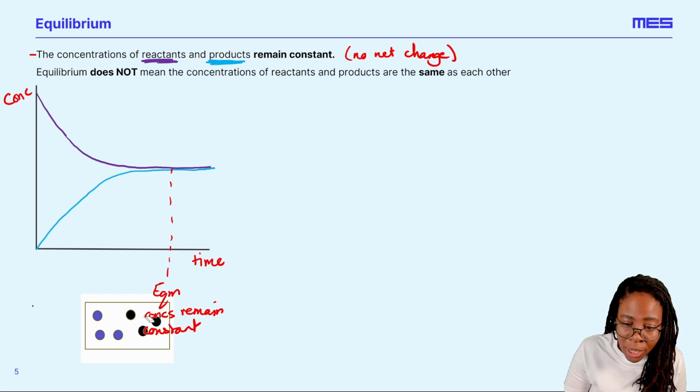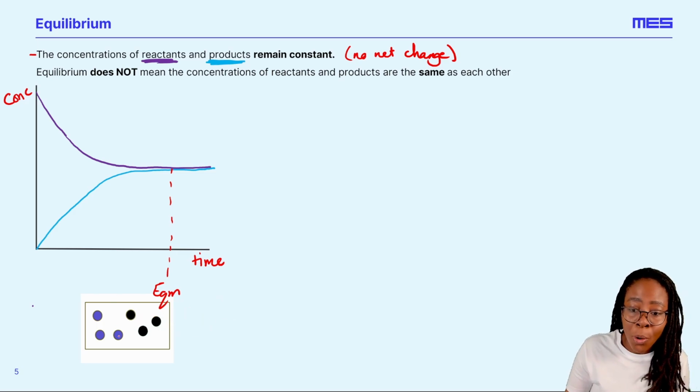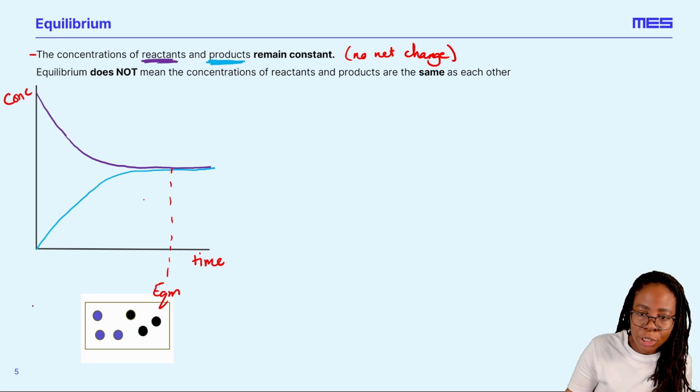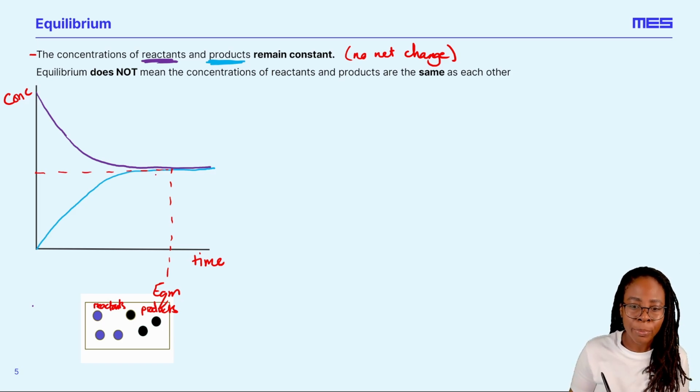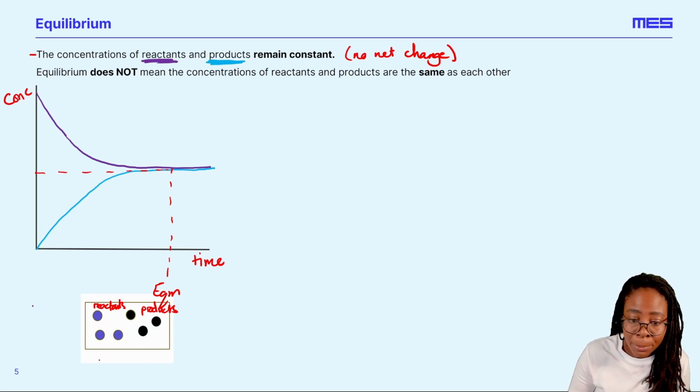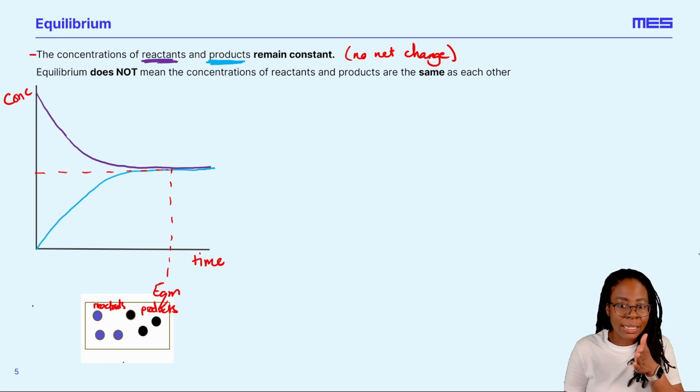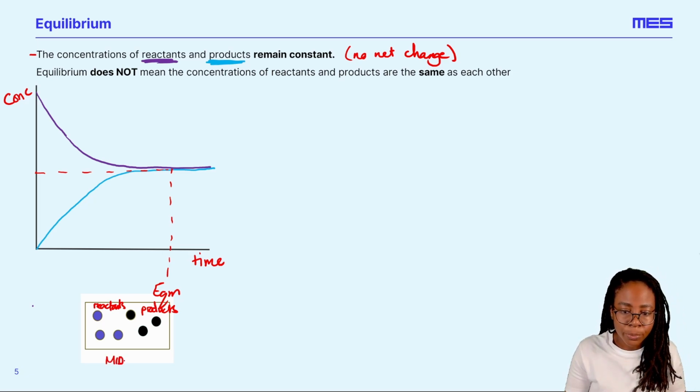In this example that I've just drawn, it just so happens that the concentrations of our reactants, the purple, and our products, these, are the same at equilibrium. And here we would say that the position of the equilibrium is in the middle.